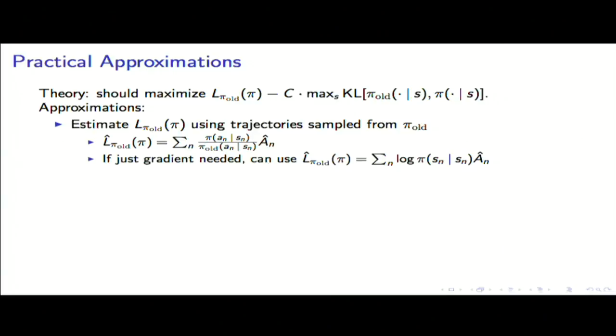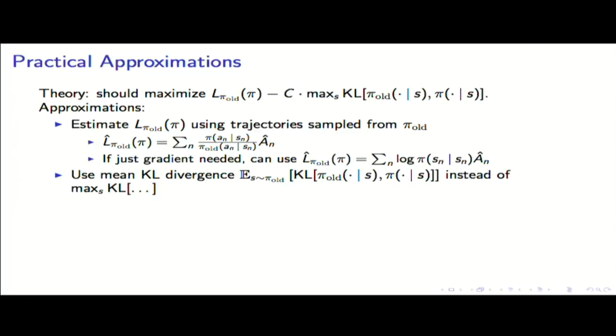If we just need the gradient, then we don't have to do this probability ratio. We can just do the log probability instead, because it has the same gradient as the probability ratio. And then we use the mean KL divergence instead of the max. So instead of having a max over state space, we have a mean over state space.